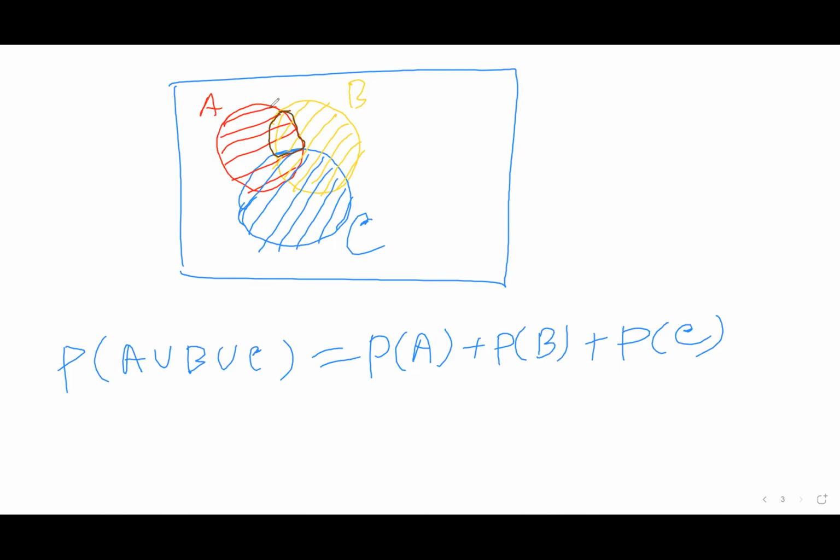Only two colors, red and yellow, right? That means we are adding this probability twice, so we need to subtract this one.